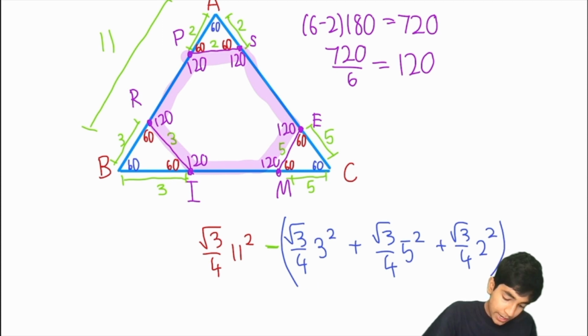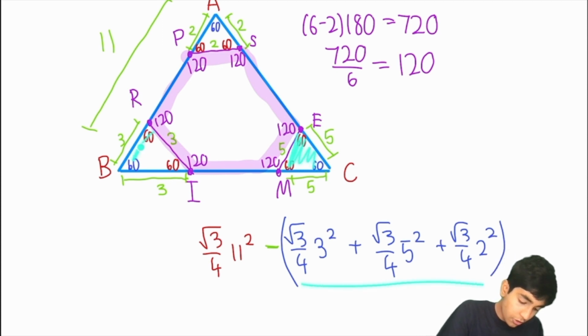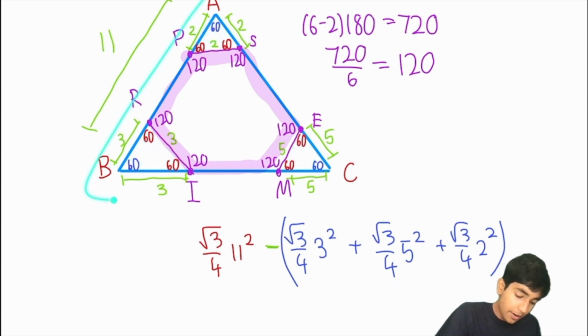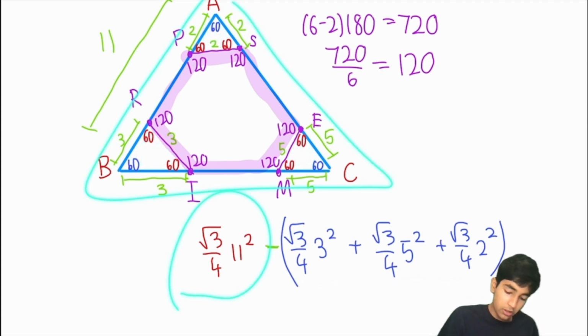So this over here is the sum of these extra areas we're trying to subtract. So we subtracted it from the area of the big equilateral triangle, which is this.